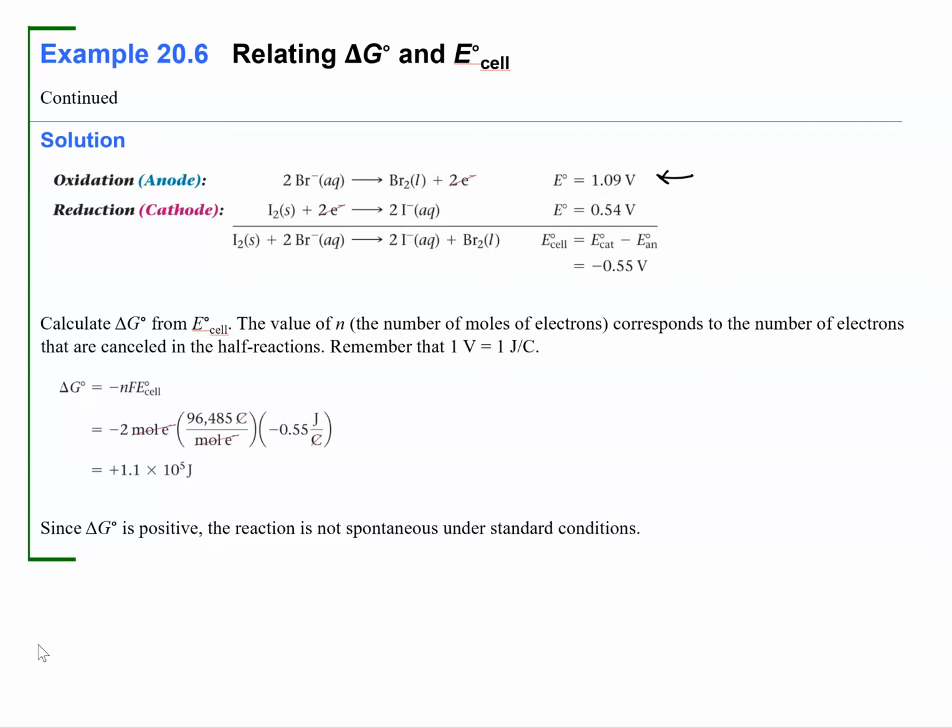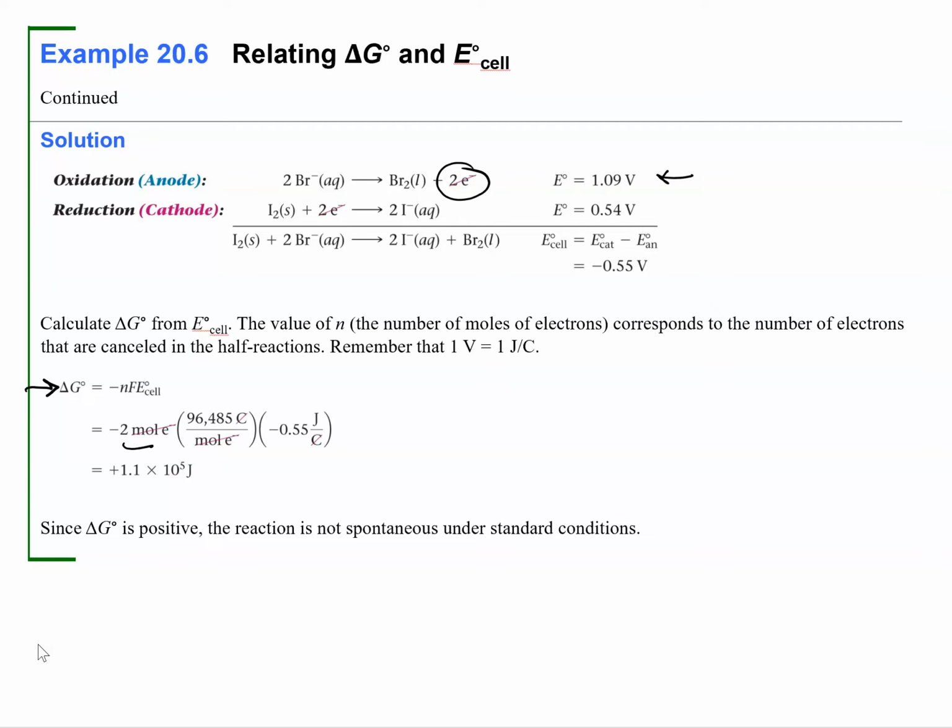Now, what we would do to calculate delta G is use the relationship delta G naught equals negative nF E naught cell. N, the number of electrons, is going to be the number of electrons transferred, which in this case is 2. We also have Faraday's constant, 96,485 coulombs per mole of electrons transferred.